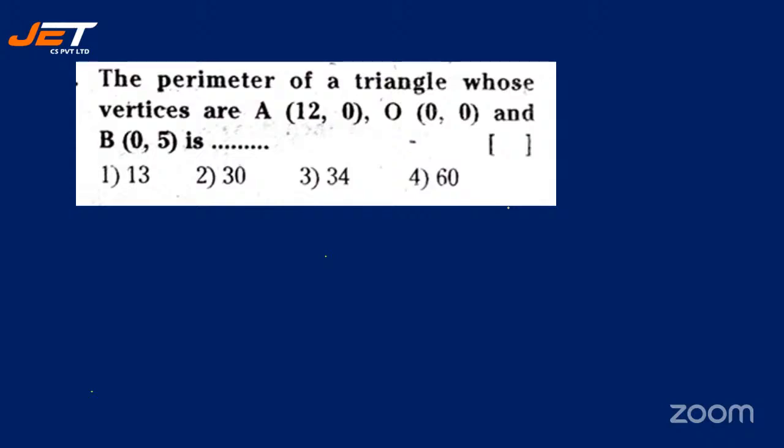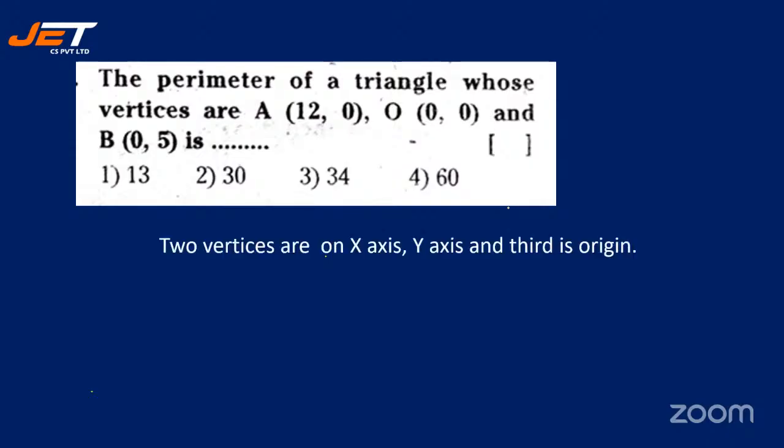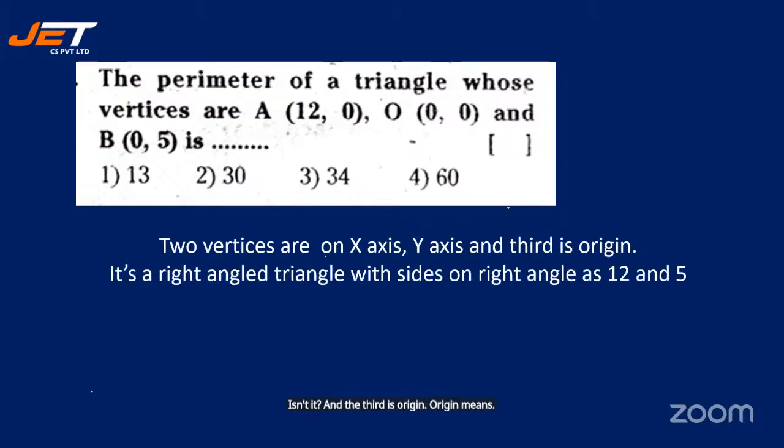Yes, students, give me the answers. Okay, let's see. Two vertices are on the x-axis and y-axis, isn't it? And the third is the origin. Origin means 0, right? So it's a right angle triangle with sides on the right angle as 12 and 5.